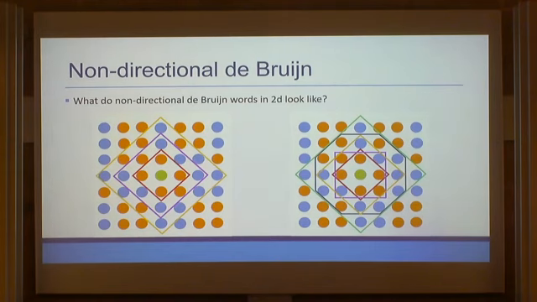And even more recently, I've been trying to look at what the 2D version would look like, what words would look like in 2D. But as you can see, there are a lot of different options of what these words could actually be. So this is just 2 that I've been thinking about.